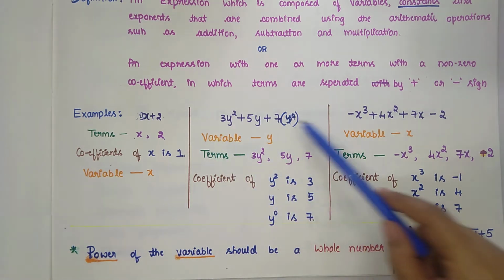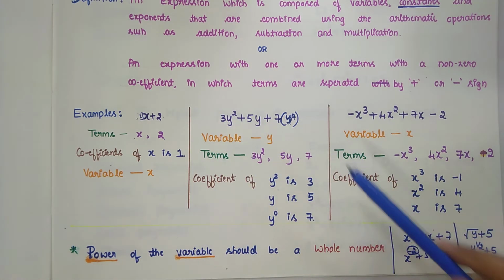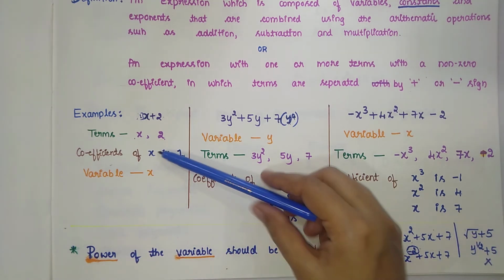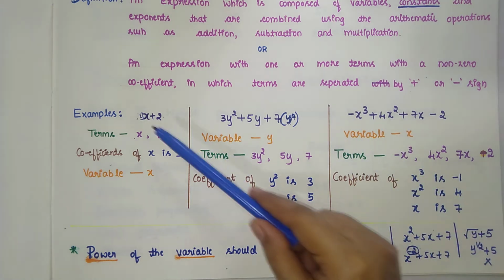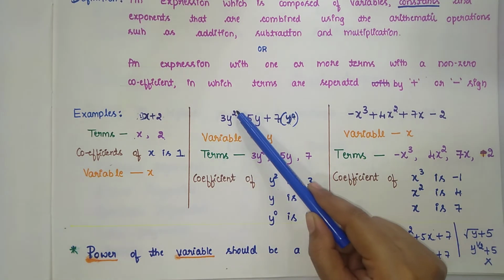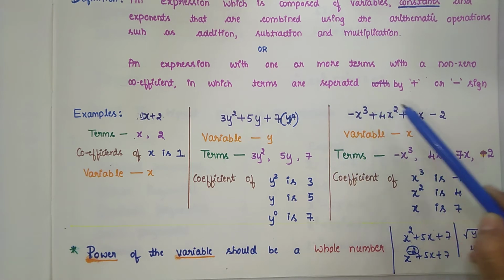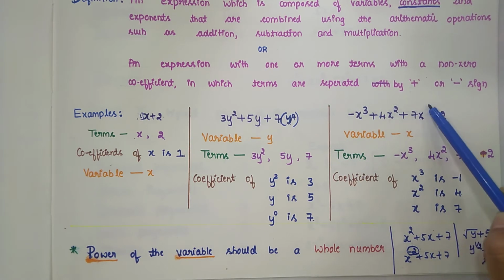So in any polynomial, the power of the variable should be a whole number. Then only we can consider that as a polynomial. Otherwise, it is just called an expression. So as you can see in the above examples, we have x power 1, y power 2, y power 1, y power 0, x cube, x square, x power 1.